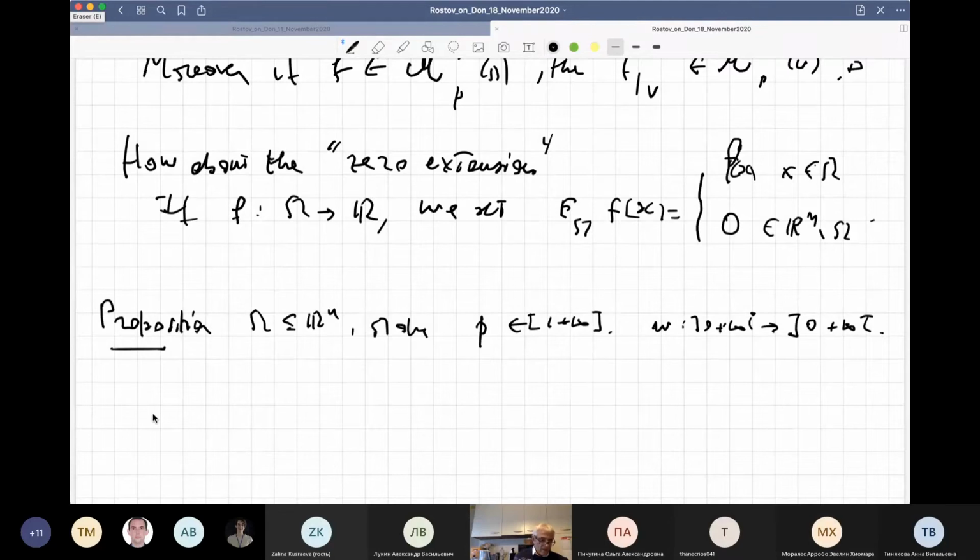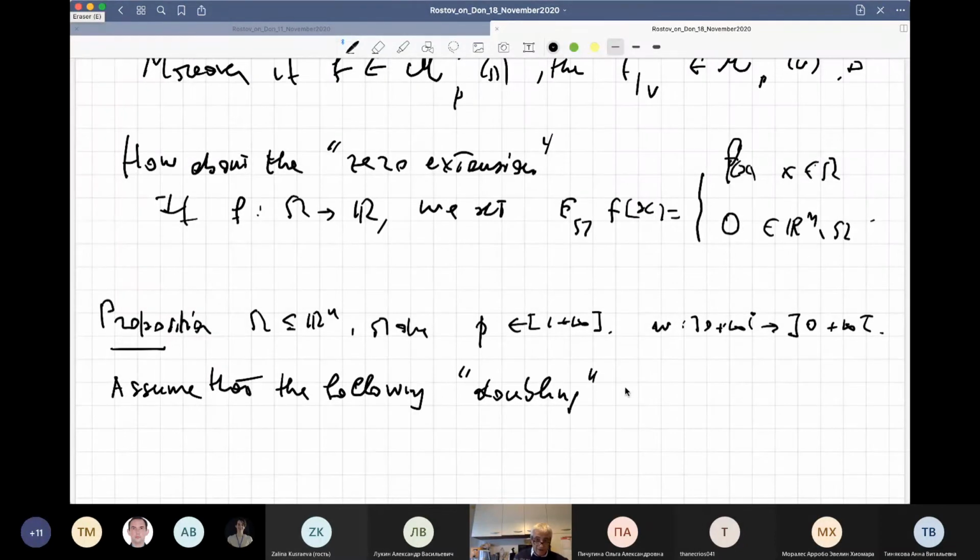And now also assume that the following doubling, if you wish, condition holds.